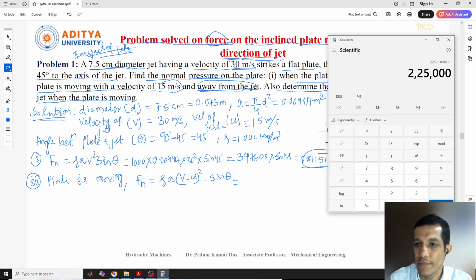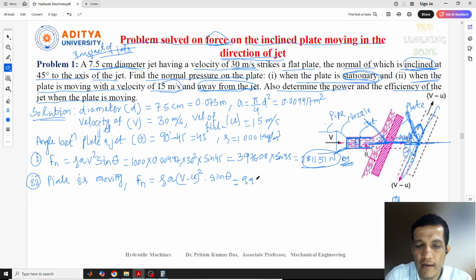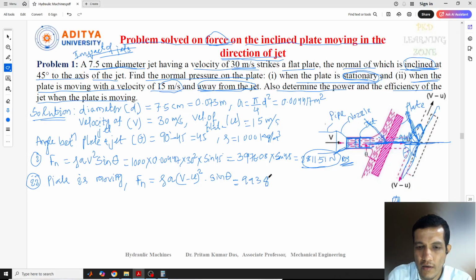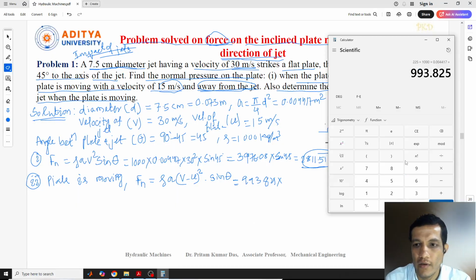This is 0.004417. So we got 993.825 into sine 45, into bracket start 45 trigonometry sine value.